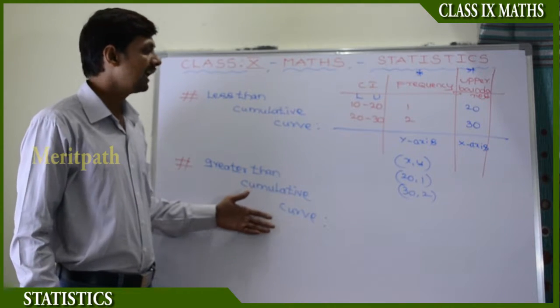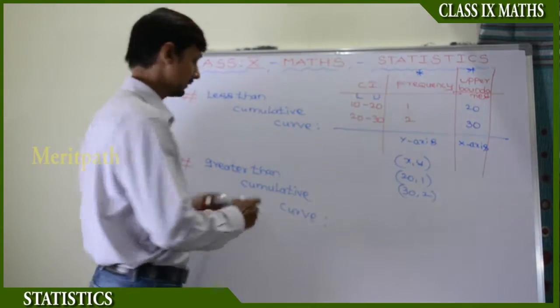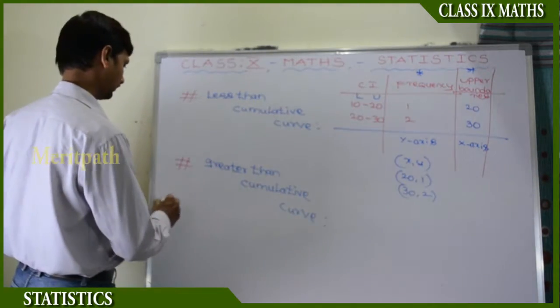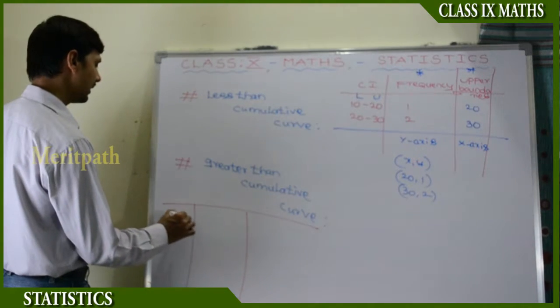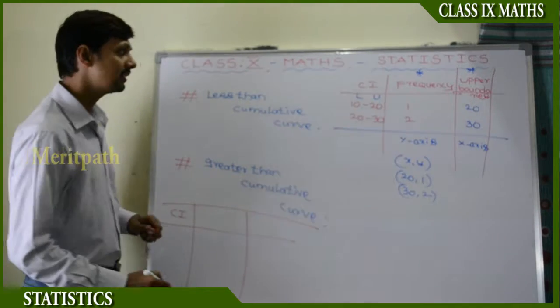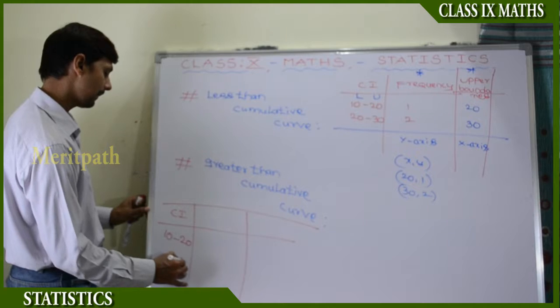And to draw a greater than cumulative frequency, we use the same method, but there is a small difference. We take the class intervals the same, 10 to 20 and 20 to 30.